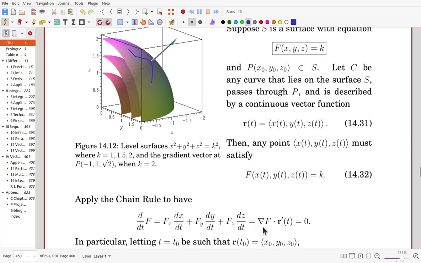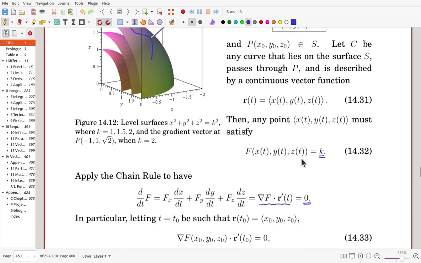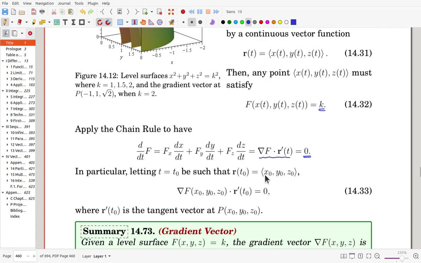By using the gradient notation, we can write gradient of f dot r prime, and r prime is x prime, y prime, z prime. So we have that. But this is 0. After differentiation, the right side must be 0, since it comes from this constant. This means that r prime is always in a tangential direction.